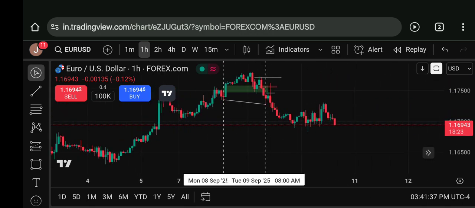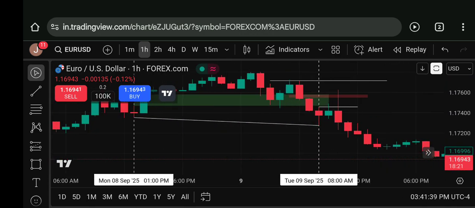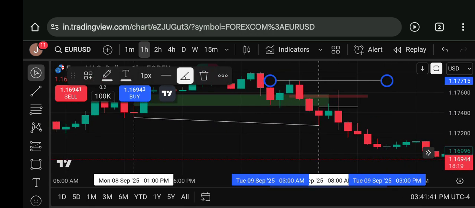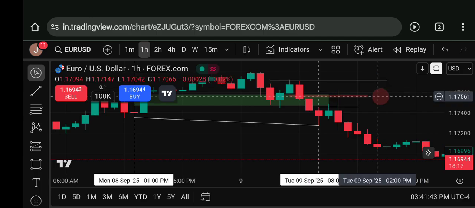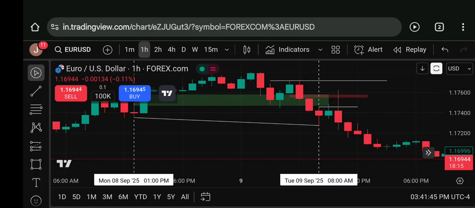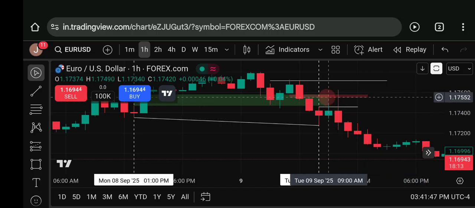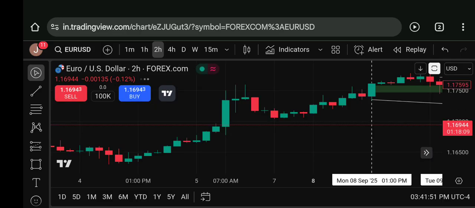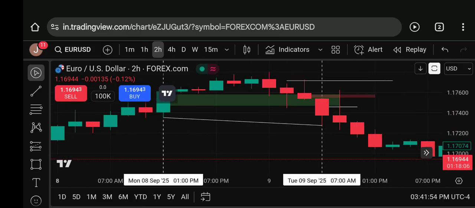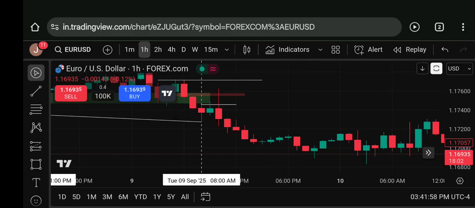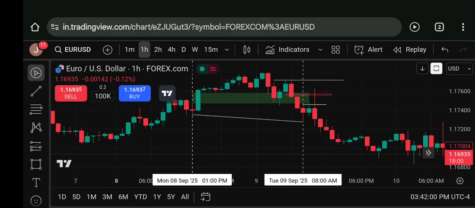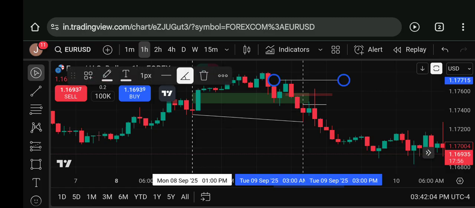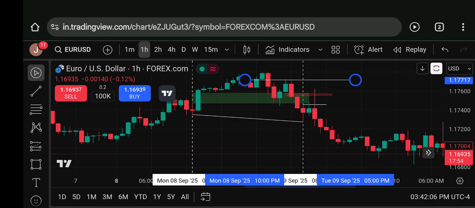We should only trade after a market structure shift. So the actual market structure shift is here. I should have waited for that, but I entered. Also, there was an opposing PDRA, that is a bearish fair value gap on the 1 hour. So I paid for my mistakes. I should have waited for the market structure shift, that is here.